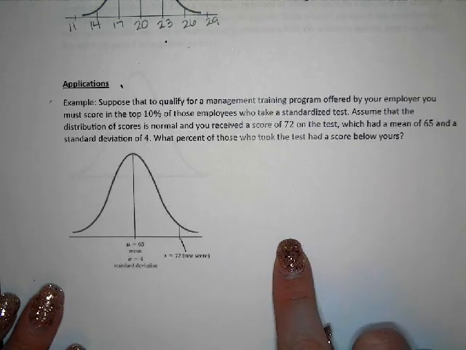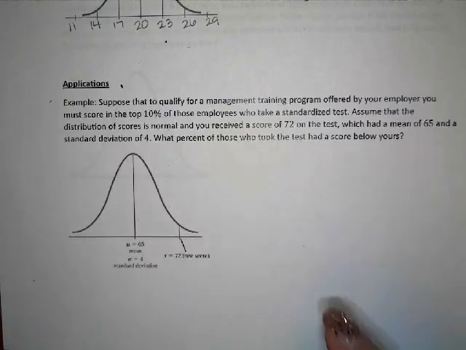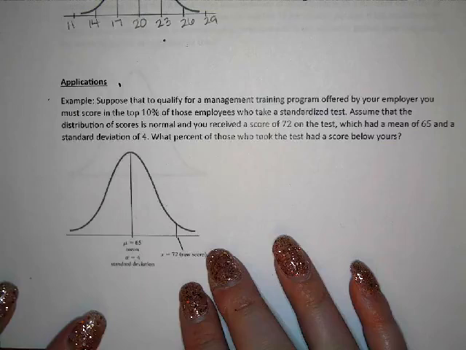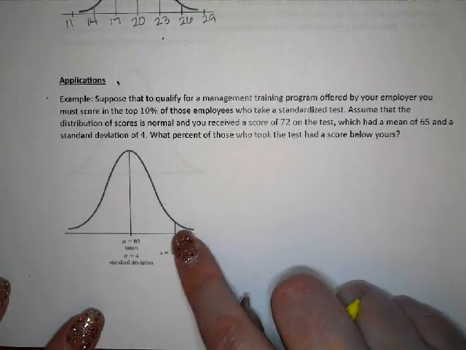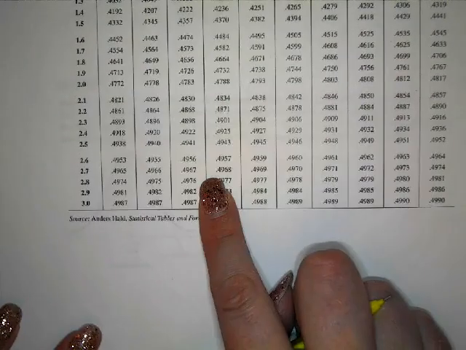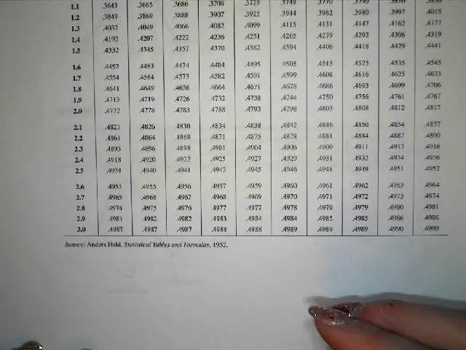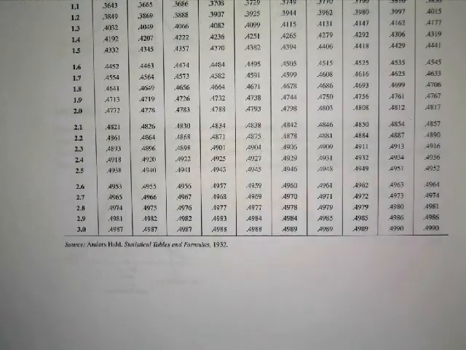So this problem is where we really start to see the benefit of Z-scores, because when we look at that table, we can see what is the probability that someone would have received that Z-score. And here we need to know if this person is in the top 10%. We need to see what the probability is that everyone else they're being compared against also received the score they did.